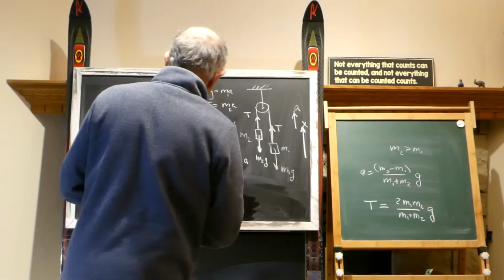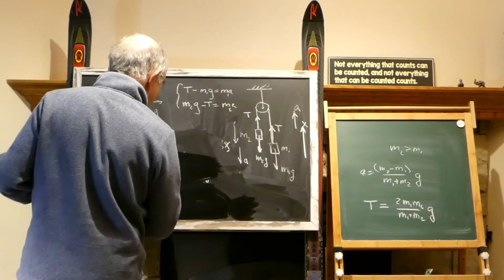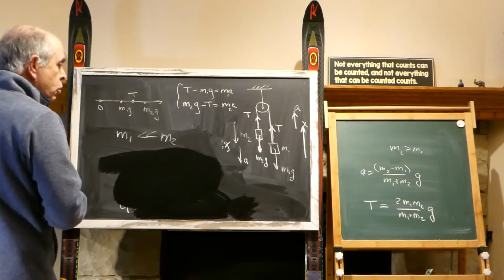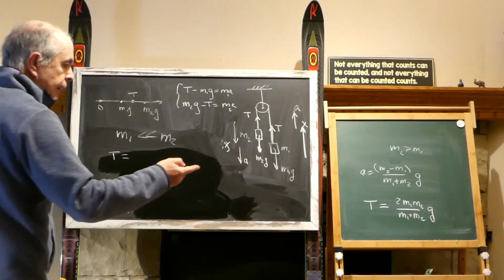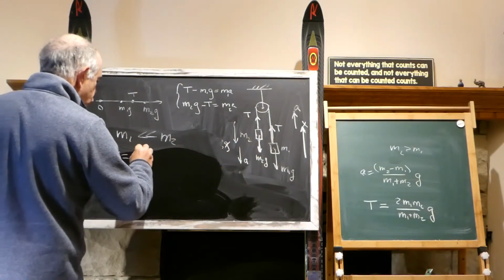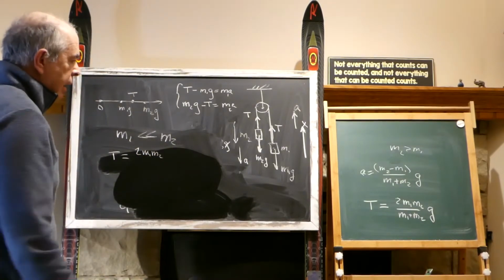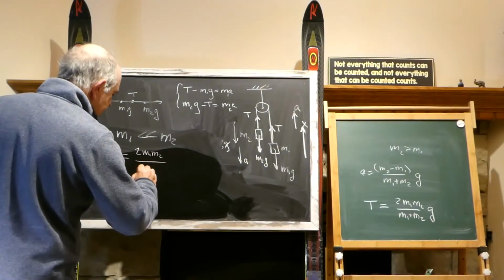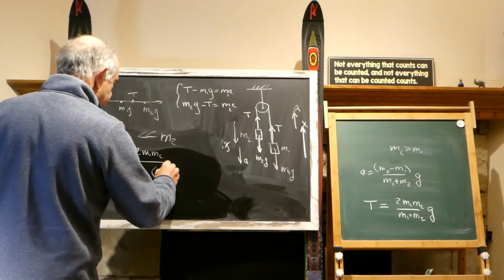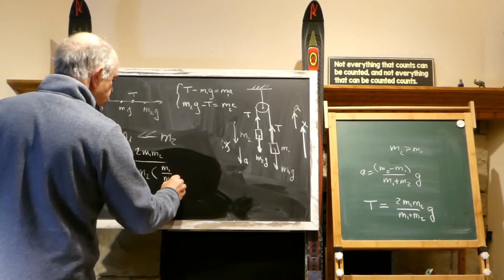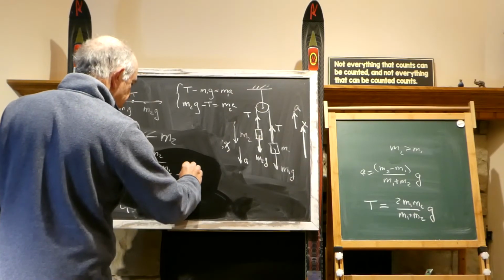Again, I take this second one, T, and I again want to deal in terms of those ratios. So I say T equals 2m1m2 over, that's okay, I cannot do much. But on the bottom I take m2 out. I factor m2 out because I want to have this ratio of m1 to m2, and this ratio is a very small number.